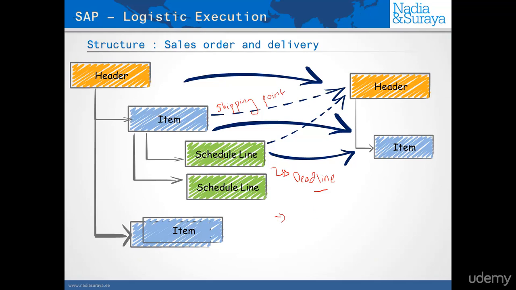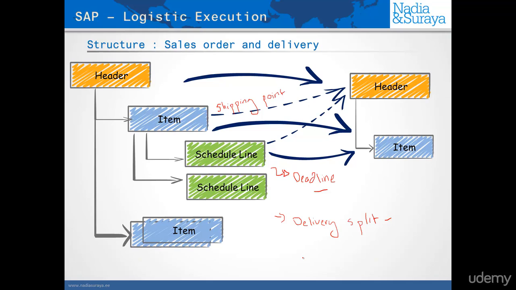So what happens if we have, for example, two items with different values? Then we have something called a delivery split, which basically means that from one sales order you will create two or more deliveries. The most common delivery split is when you have a sales order with items with different shipping points.